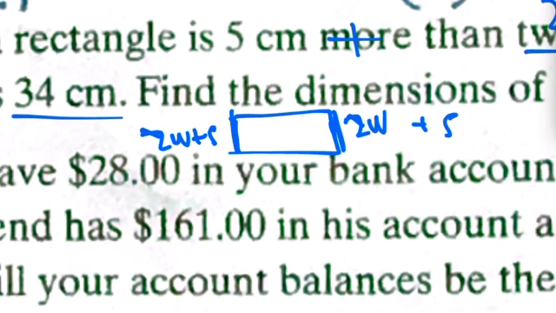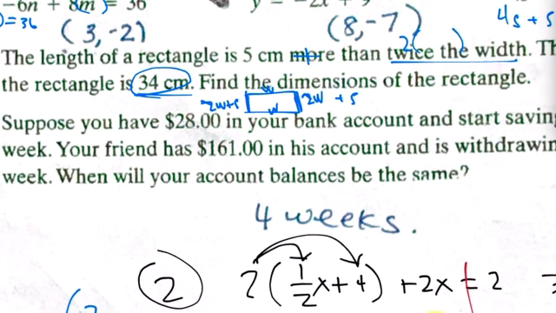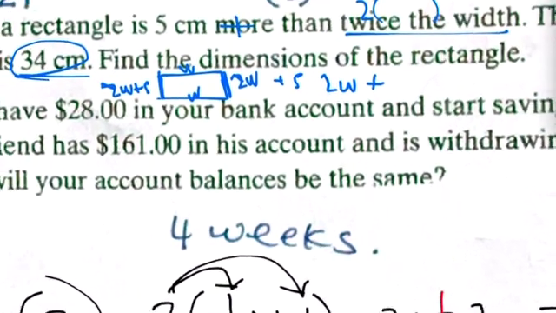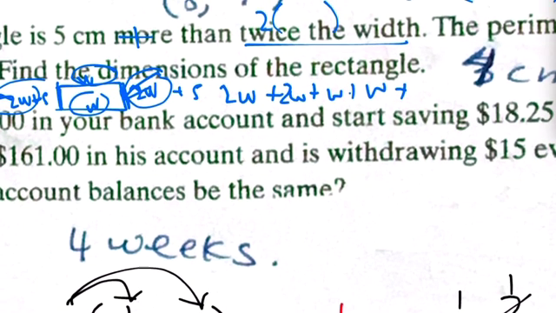And we don't know what these are. Those are the width, so we give it W. You add it all up, and it has to equal the perimeter. You add all the sides equal to that. So you got 2W plus, add all these up. All the W's together. Plus 2W plus W plus W plus 5 plus 5, right?